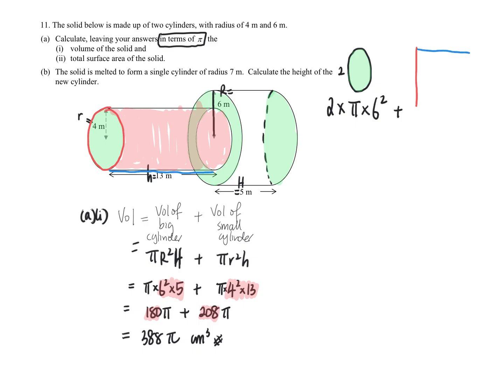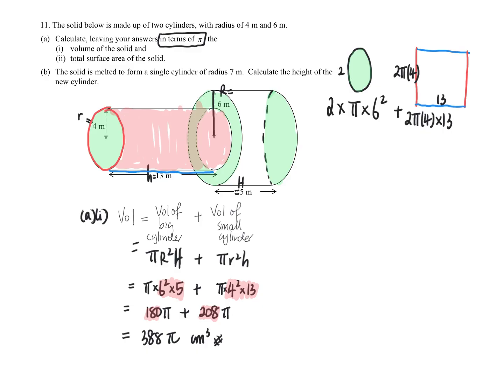How do I find this piece? The red line is actually your circumference. The circumference is 2 pi r. The length here is 13. So the curved surface area of that red piece is 2 pi r times 13. So I'm done with that piece already.